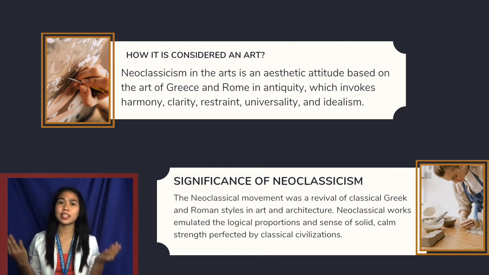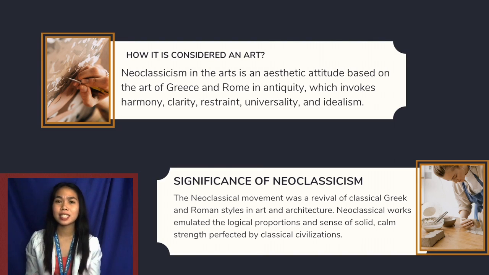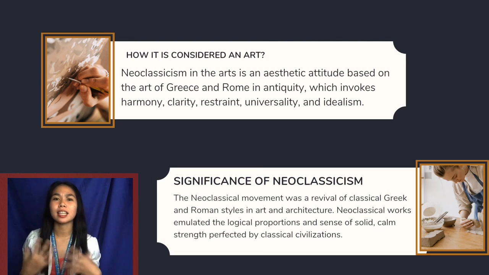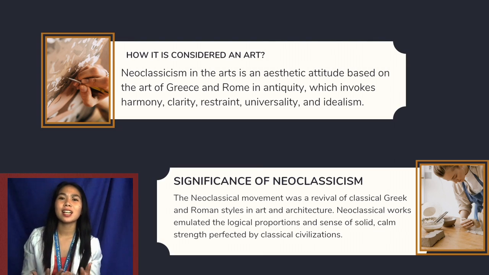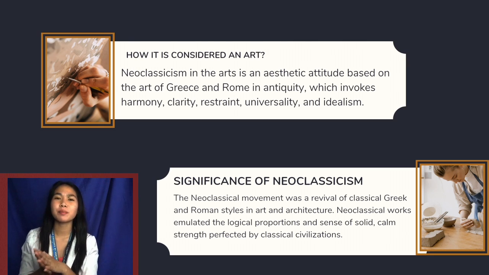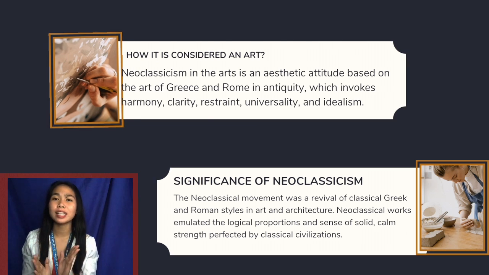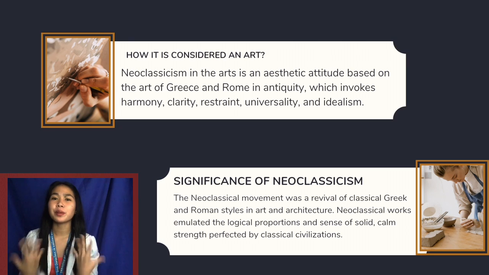So what is the significance of Neoclassicism? So the neoclassical movement was a revival of classical Greek and Roman style in art and architecture. So neoclassical works emulated the logical proportion and sense of solidity, calm, and perfection of classical civilization.